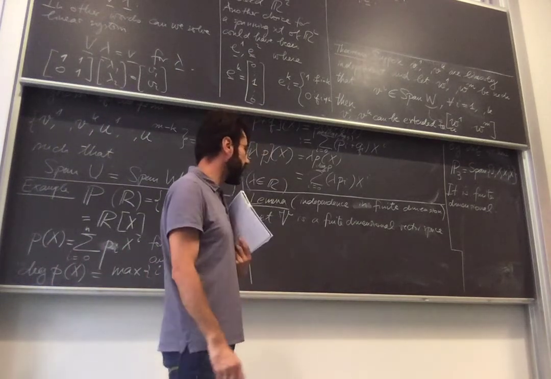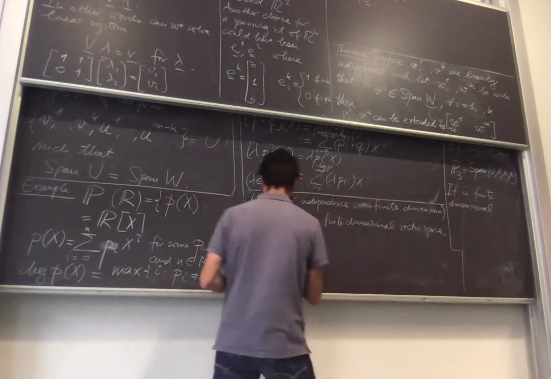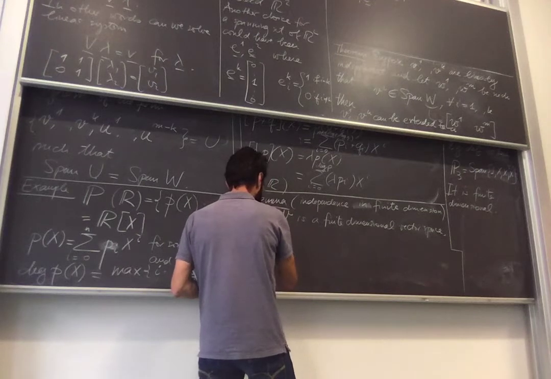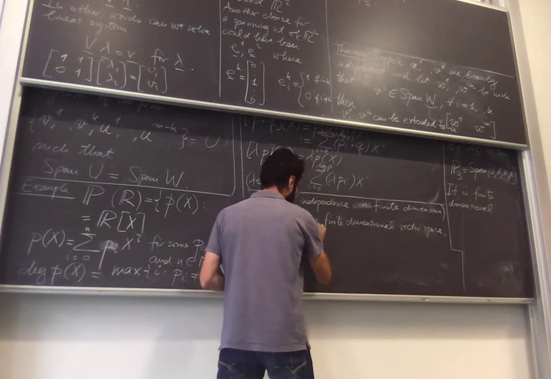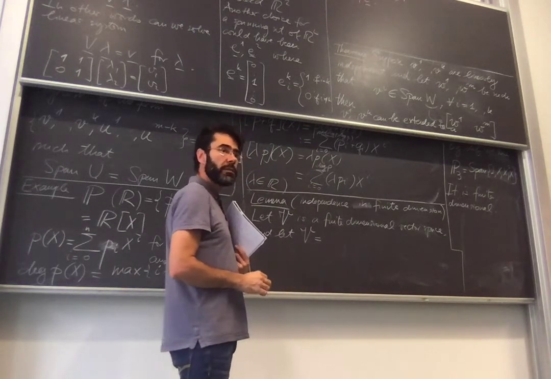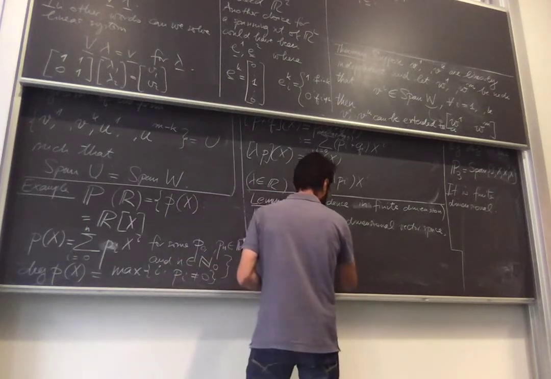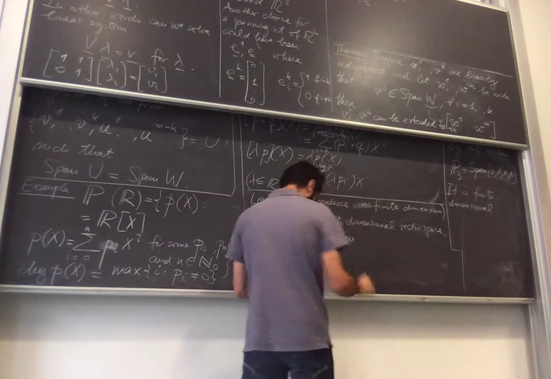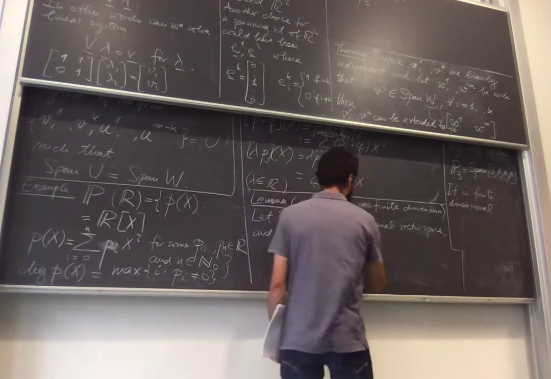And it says basically that there is a finite set that spans this vector space. Let's call it W1, W2.